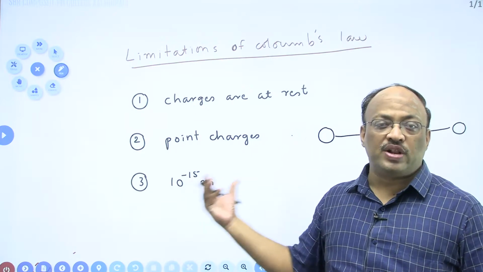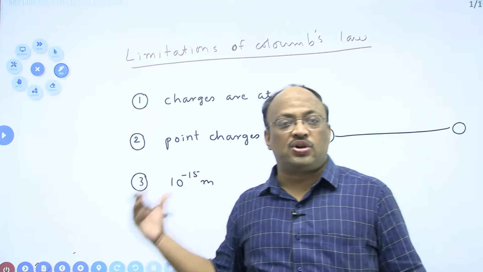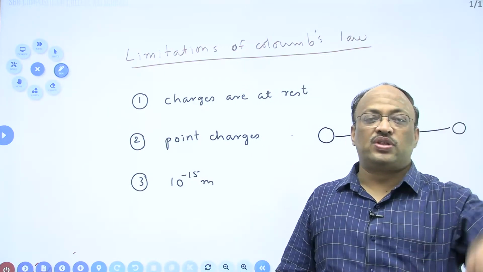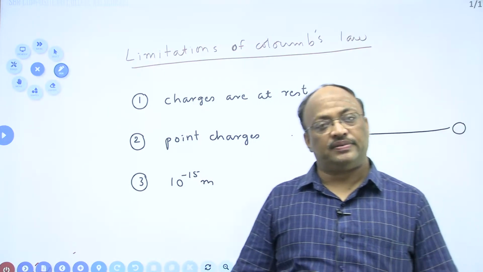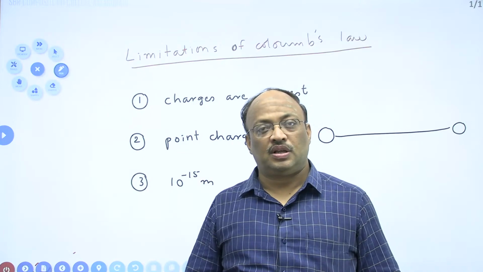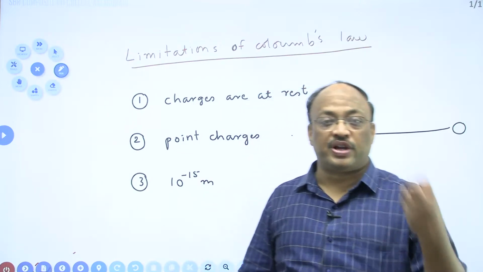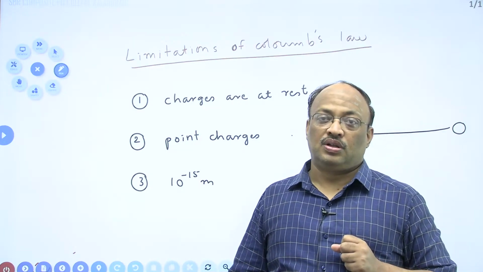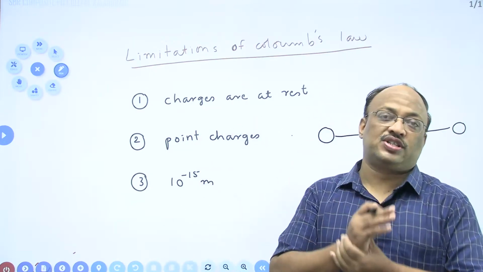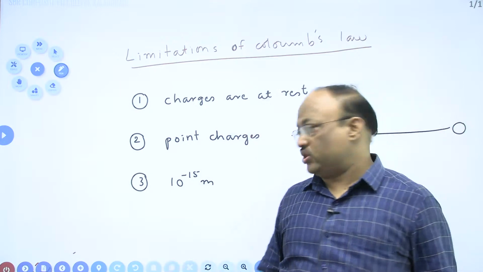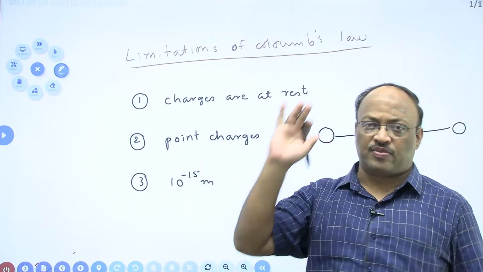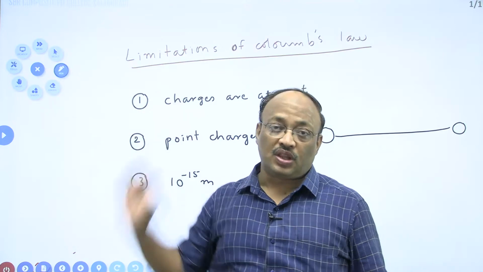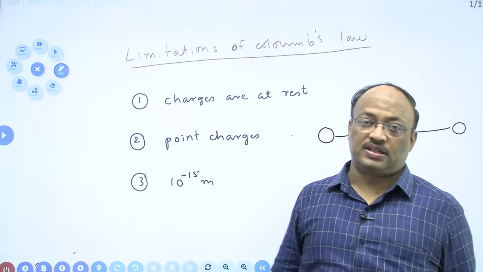The range will be to this extent only. If less than 10 to the power of minus 15, the nuclear force becomes very strong. So nuclear force exists there between the two charges. Up to 10 to the power of minus 15, you can see the Coulombian force between the charges.